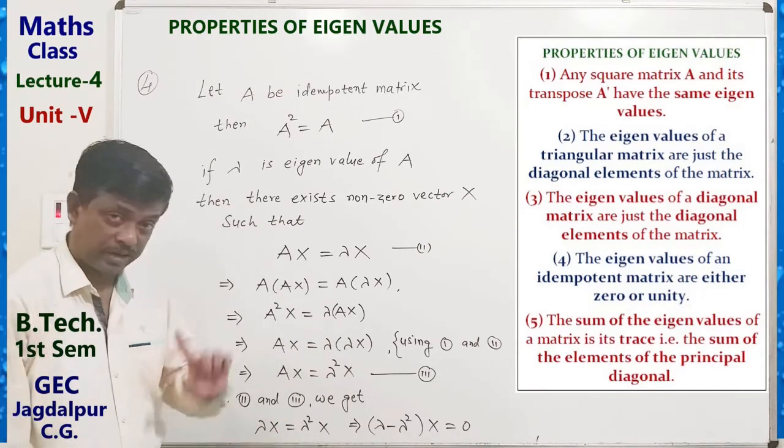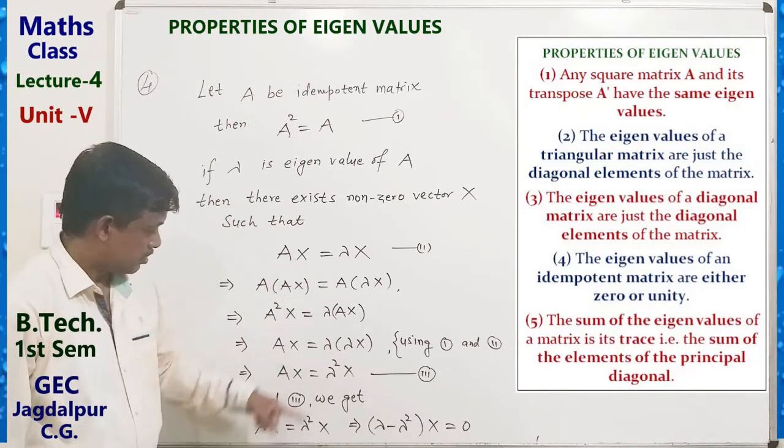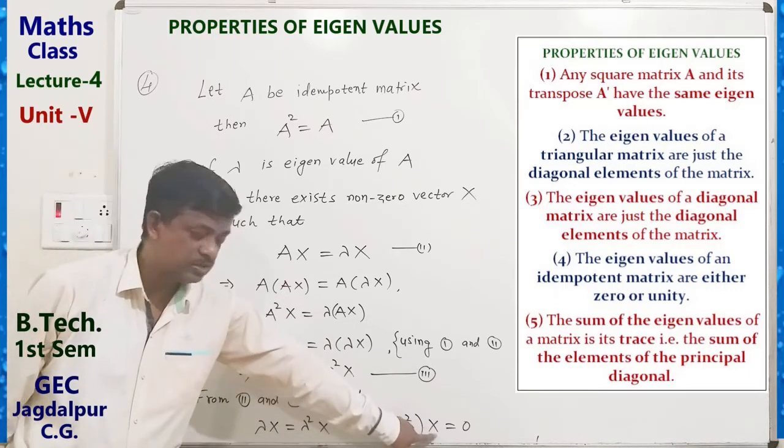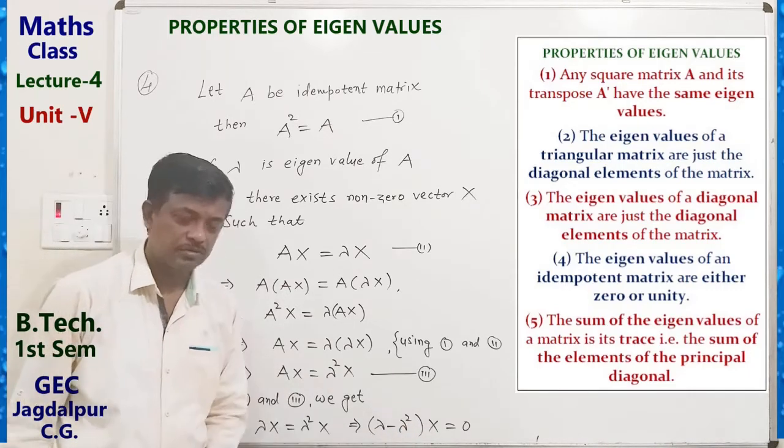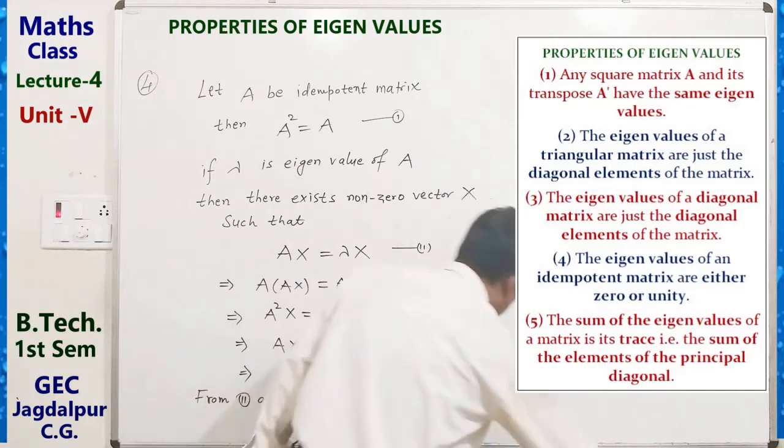So x is a non-zero vector. Therefore, lambda minus lambda square is equal to 0.